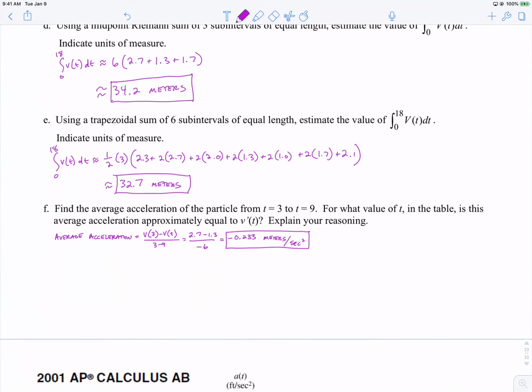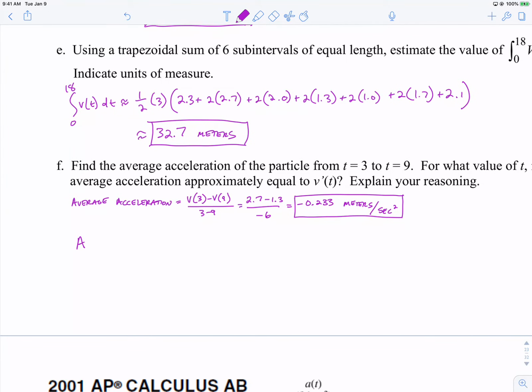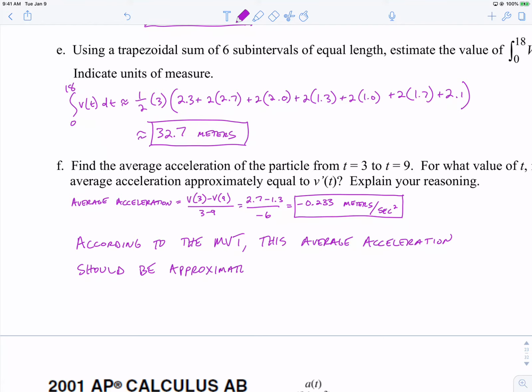So what we're going to do here is we're going to say according to the mean value theorem, this average acceleration should be approximately equal to v prime of 6.